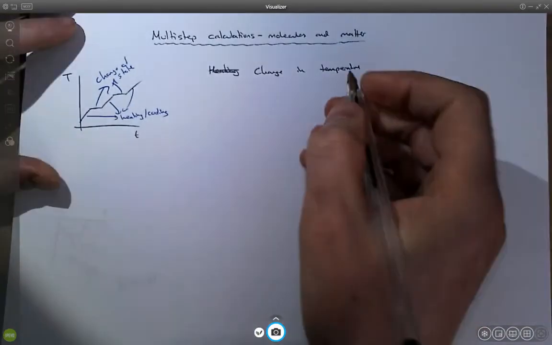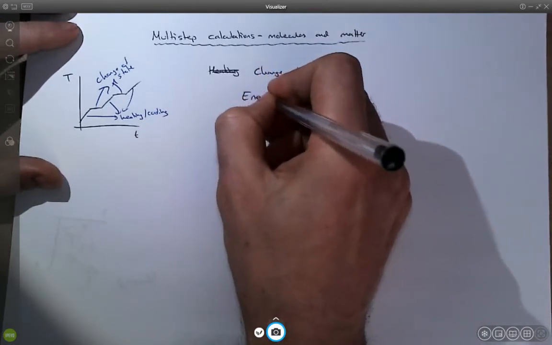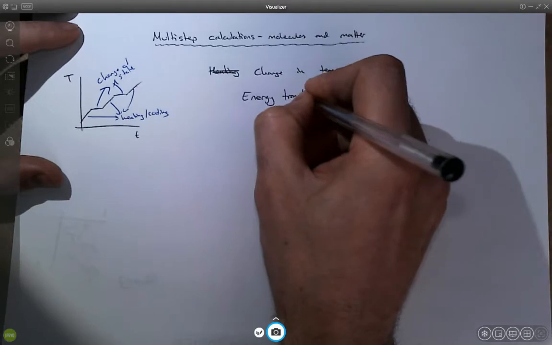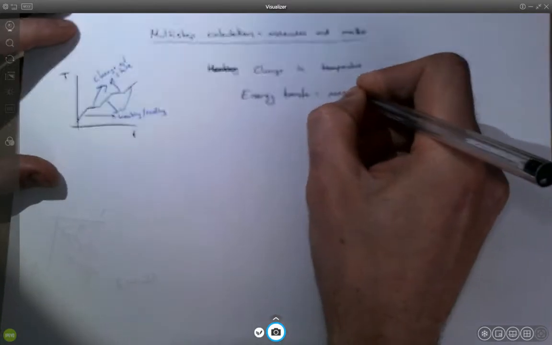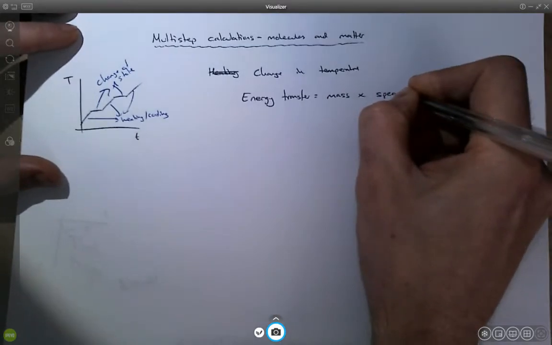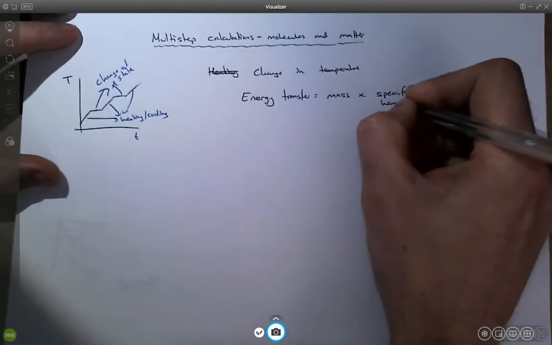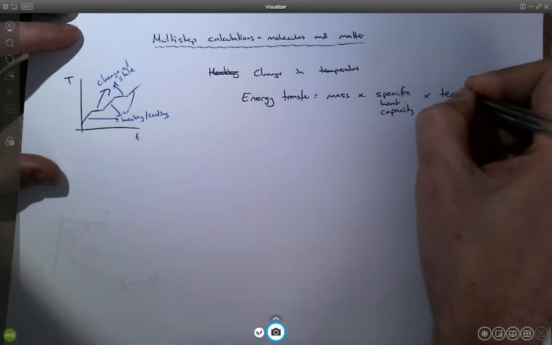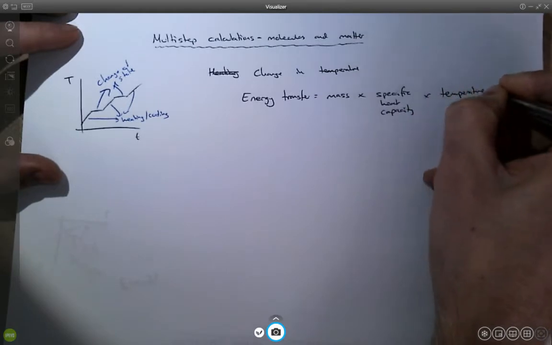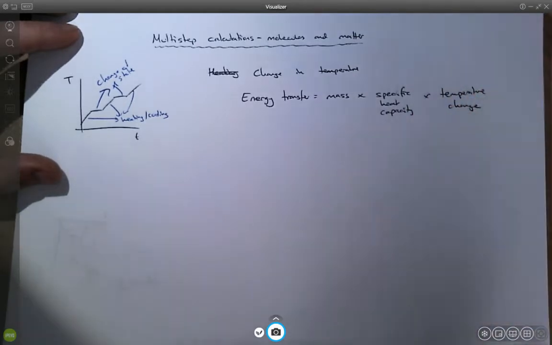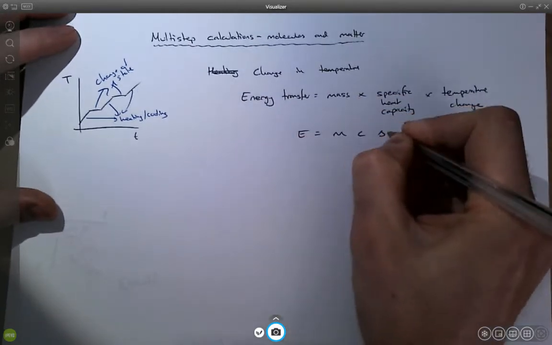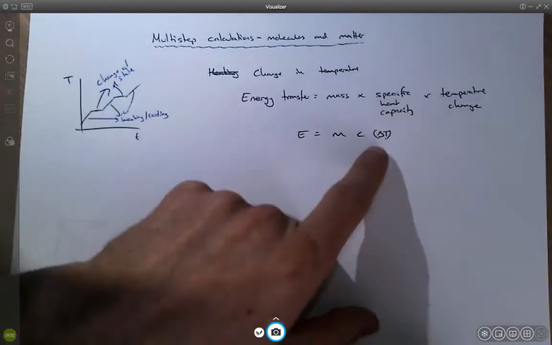So for a change in temperature, we need to use this equation here, which is given to you. So energy transfer equals mass times specific heat capacity times the temperature change. So in symbols, E equals mc delta T. This means temperature change.